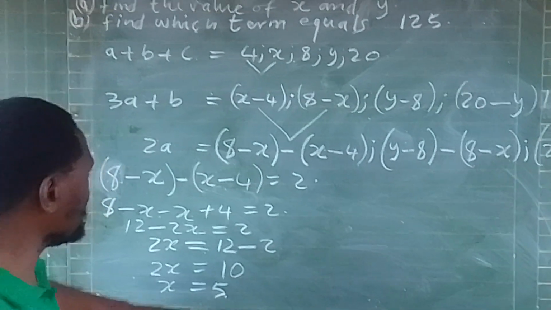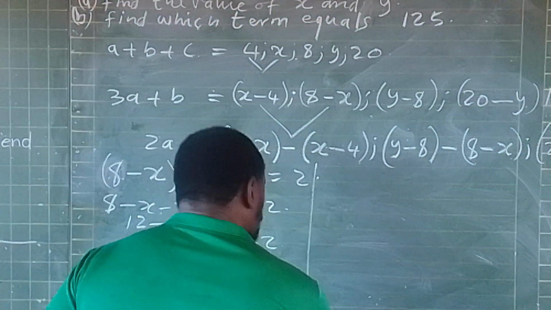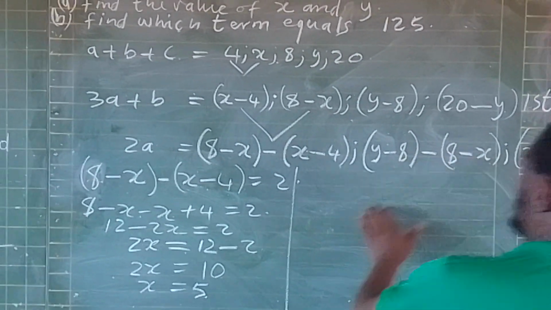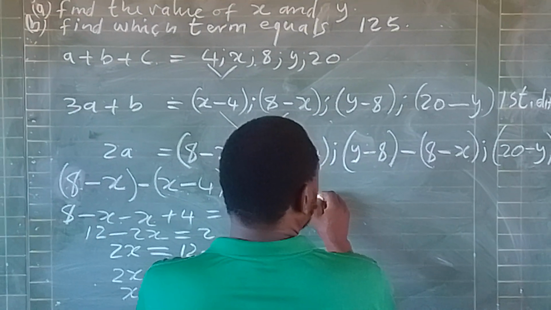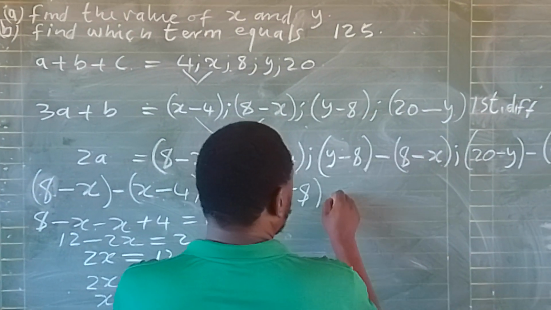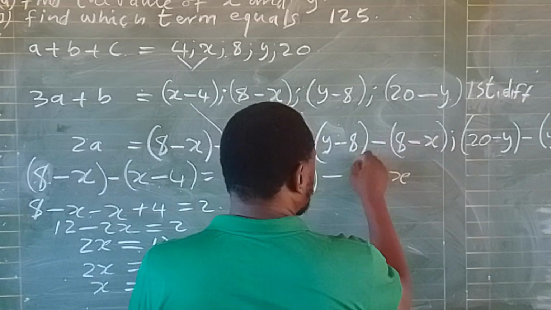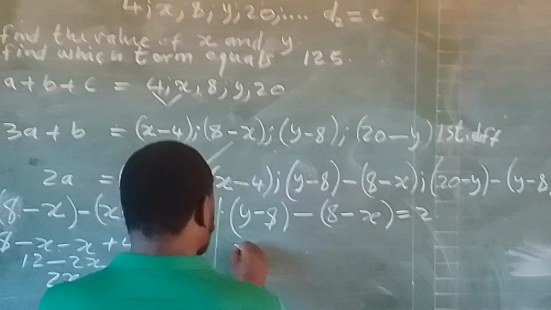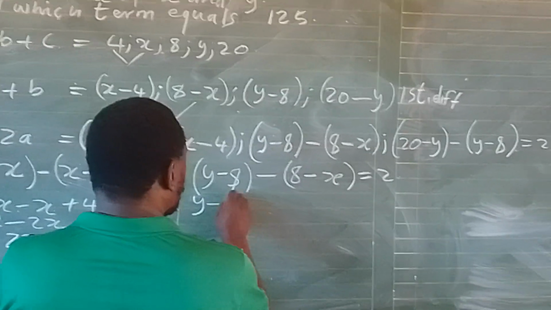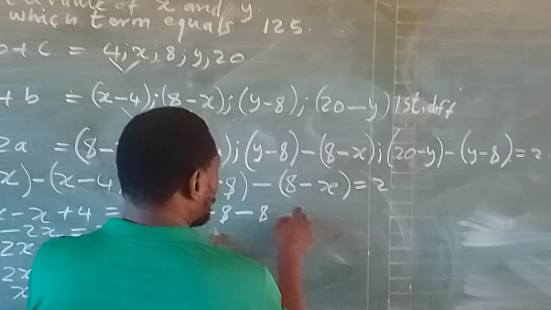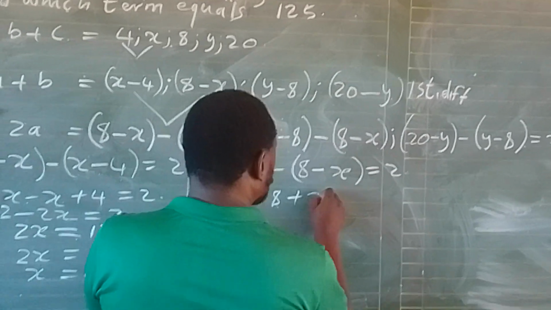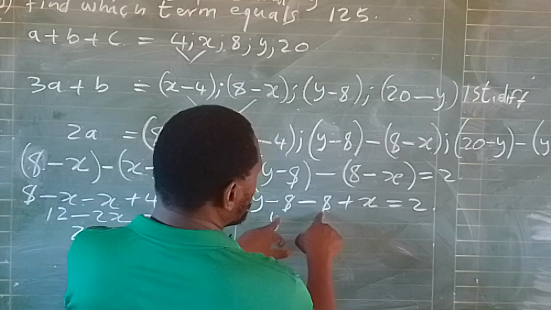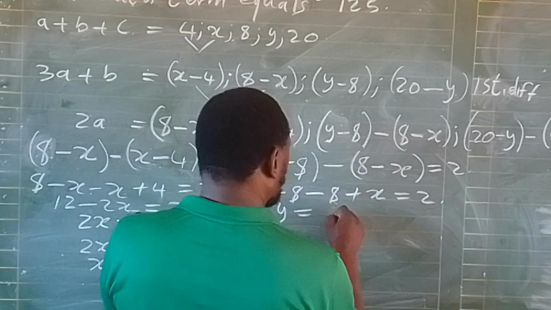We can find y from this. You say y minus 8 minus x is a common difference which was given to be equal to 2. Then y minus 8 plus x is equal to 2... rather, we find y: y is equal to 2 plus 8 plus x.